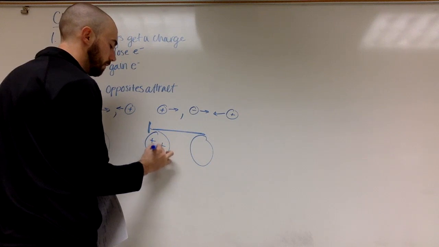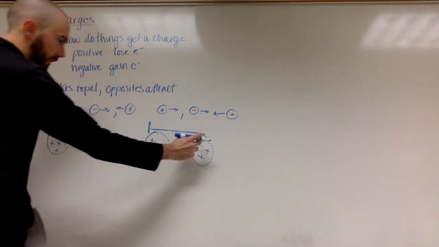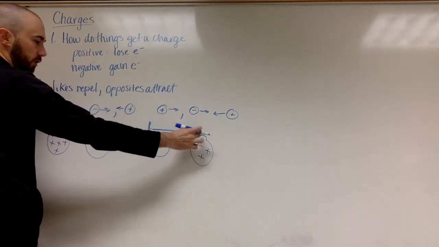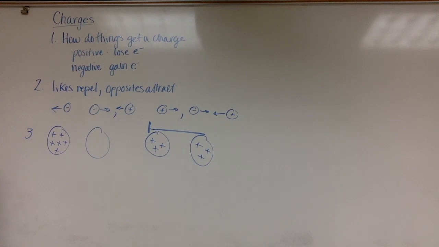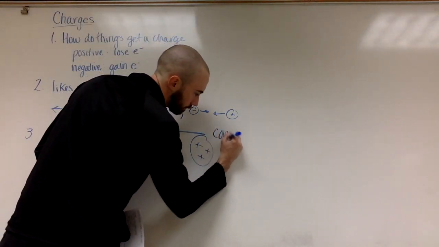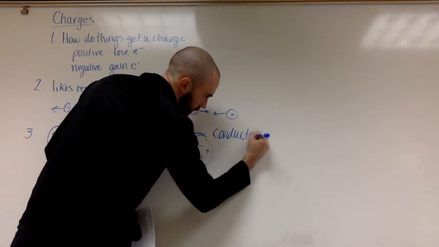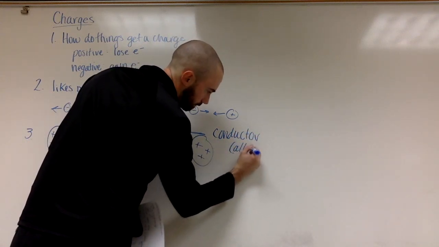And what I end up with are 3 positive charges on each, because 3 electrons worth of charge flowed over here. Charges like to balance. This thing is what we call a conductor, because conductors allow charges to flow.